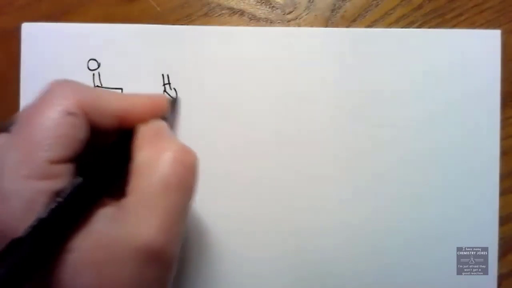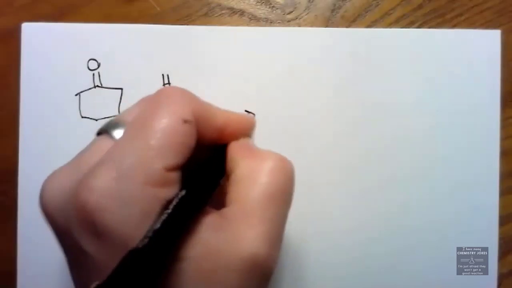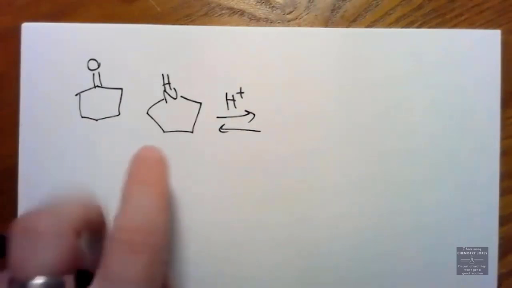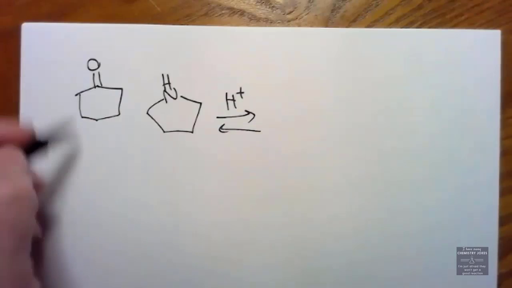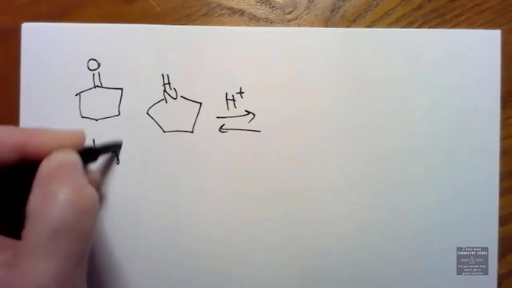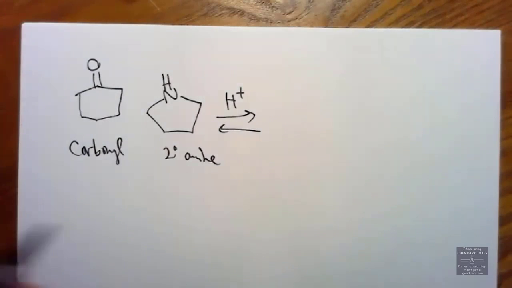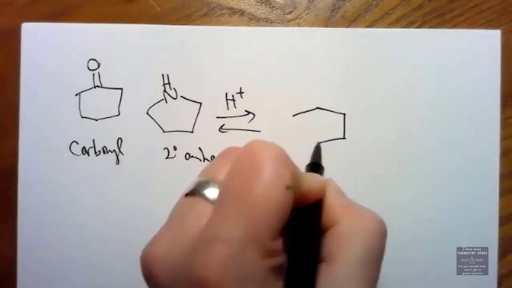If we move on to the next slide that says enamines, oh boy, I thought we were already tested on those. Enamines are synthetic equivalents of enolates. You say, what? Yeah. Aldehyde or ketone plus a secondary amine, put those things together, you make an enamine.